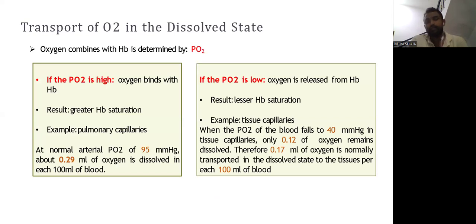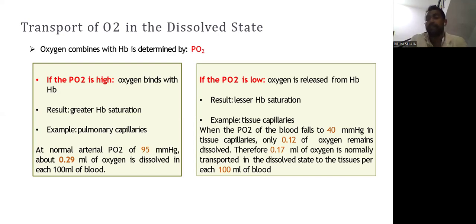And whenever the partial pressure of oxygen is high, it binds with hemoglobin. So there is a greater hemoglobin saturation that happens at the pulmonary capillary. When there is a low oxygen concentration or partial pressure, especially at the tissue capillaries, oxygen from the hemoglobin is released.